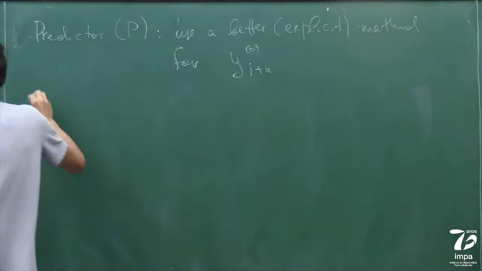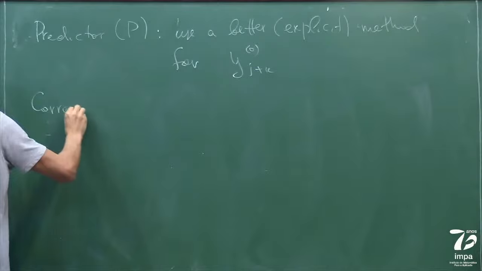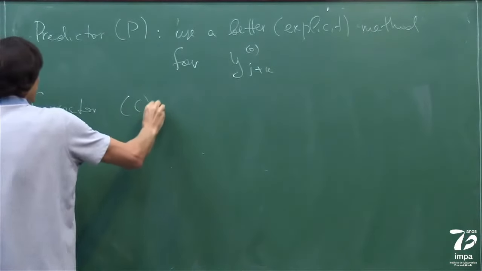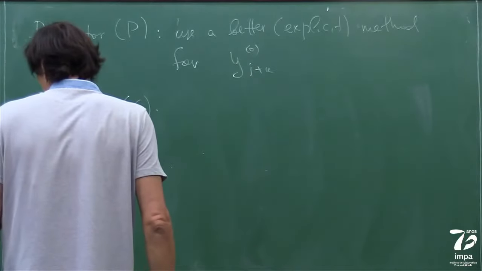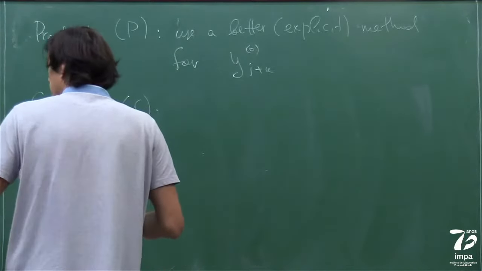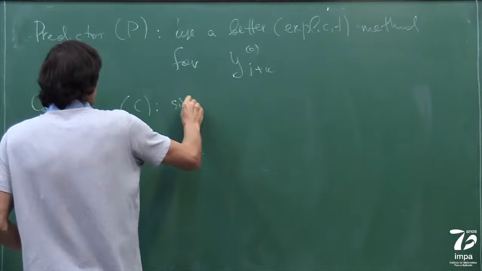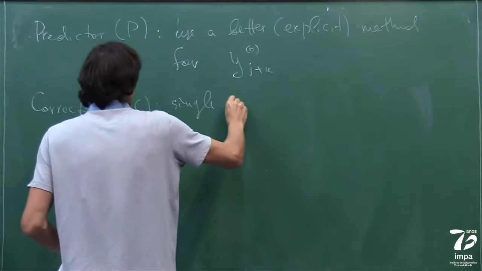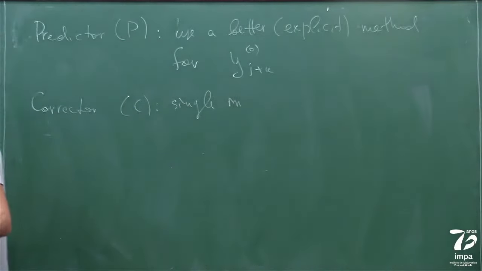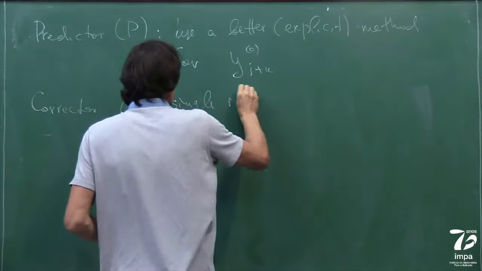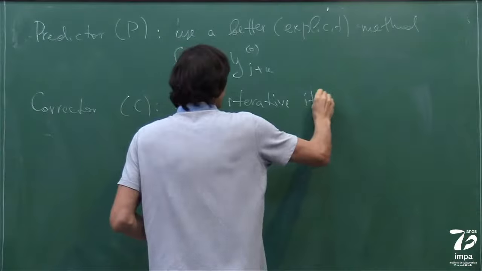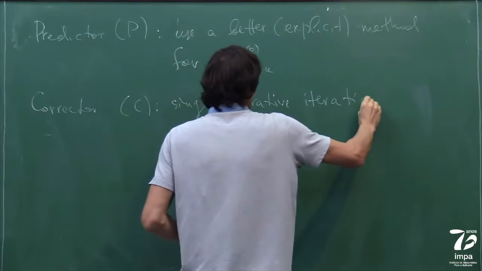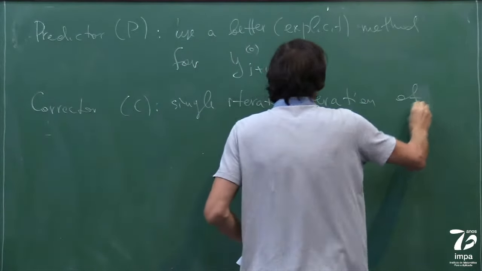And then you use the corrector, which is just a single iteration of the implicit method.